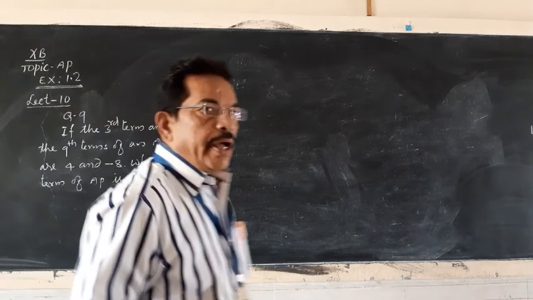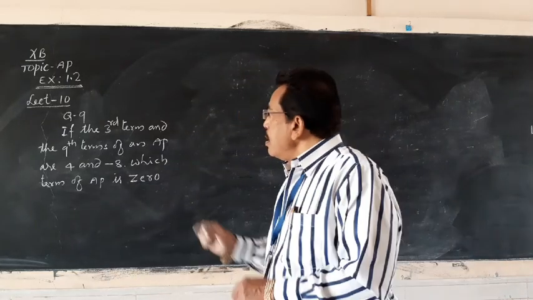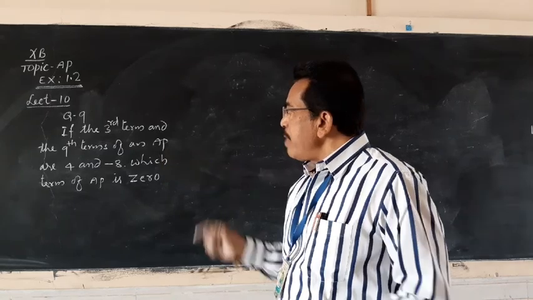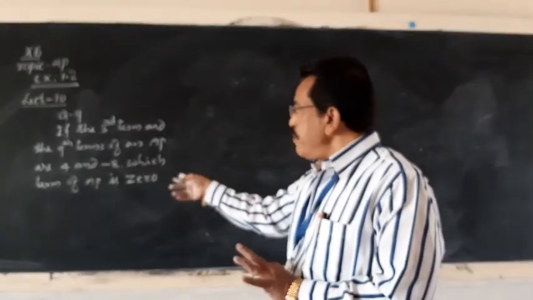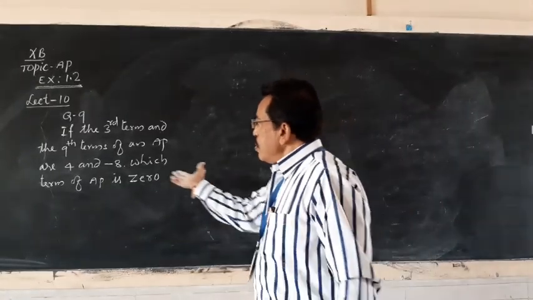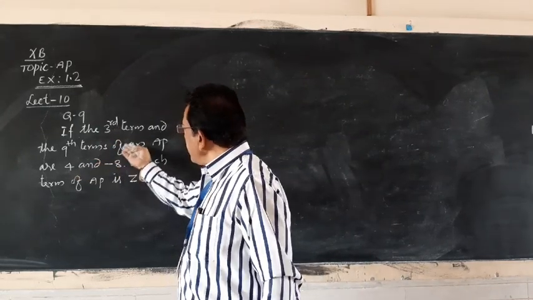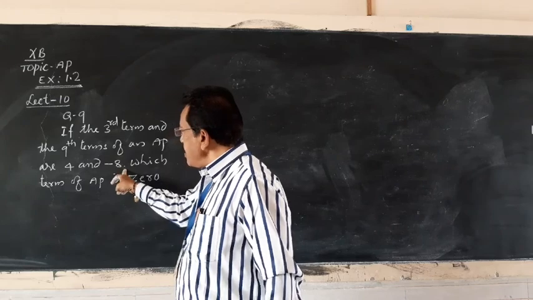See question number 9. If the third term and the ninth term of an AP are 4 and minus 8, which term of the AP is 0? You know that the third term is 4 and the ninth term is minus 8.